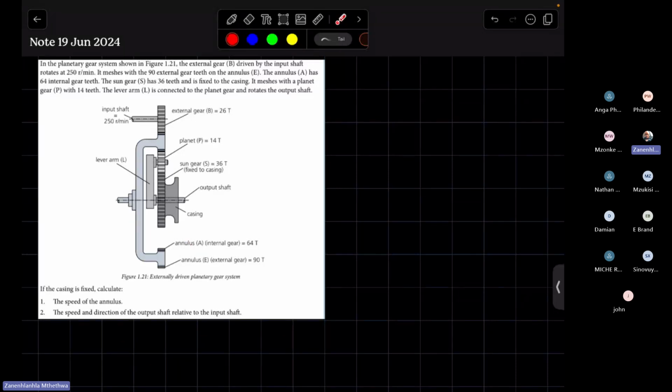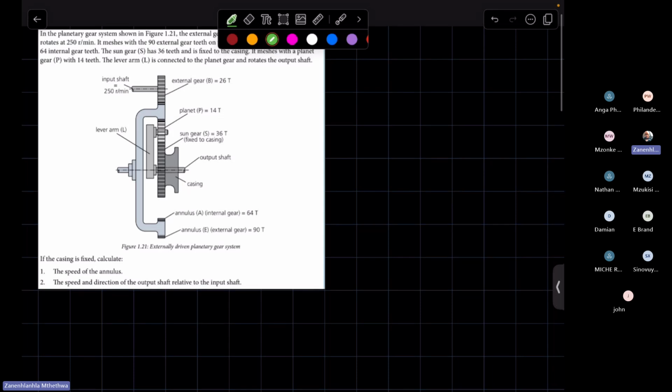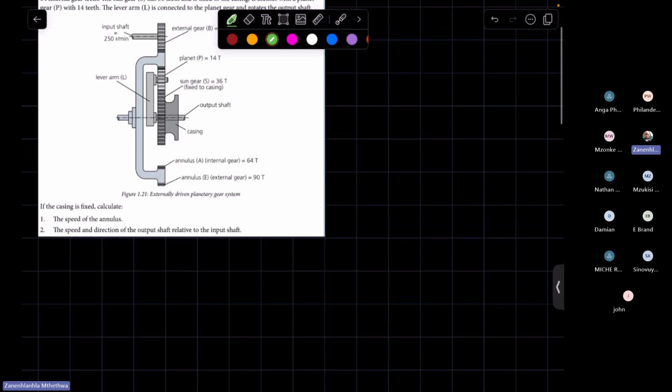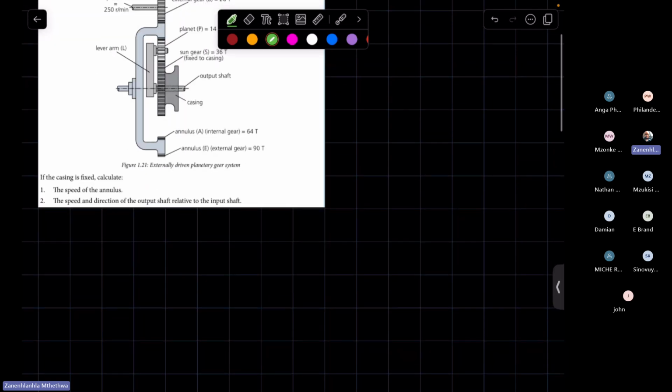So having to calculate the annulus, we establish the relationship between the gear it is meshing with, gear B. The relationship between gear B and the annulus is that the rotational frequency of the annulus, seeing that gear B is meshing with the annulus using the external teeth. The external teeth here have been labeled as E.